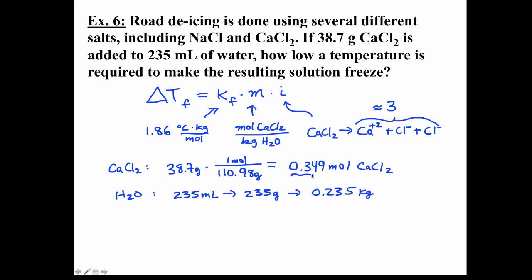And so we now have the number of moles of calcium chloride, we have the number of kilograms of water, we have the freezing point constant, and we have the Van 't Hoff factor. So that's all we need, and we can plug this into our freezing point equation. 1.86 degrees Celsius kilogram per mole.